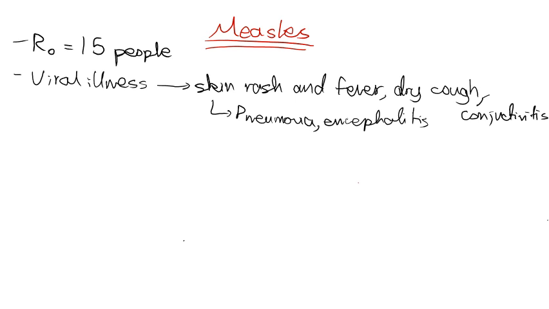Something that I want to stress with measles is that you can get what are called Koplik spots. And once again, this is something that I recommend you look at an image of on Google Images. Koplik spots are essentially white spots that are present within the mucosa of the mouth.